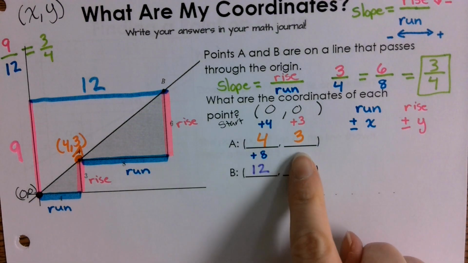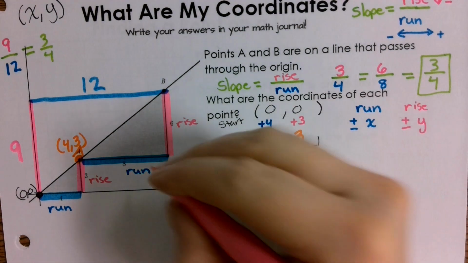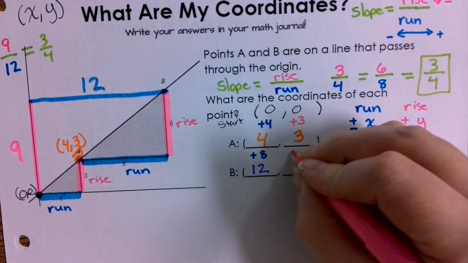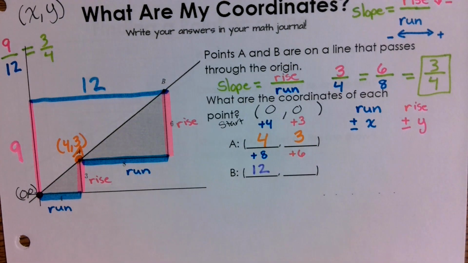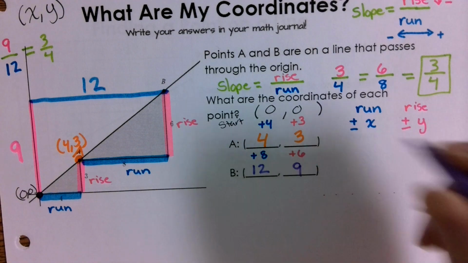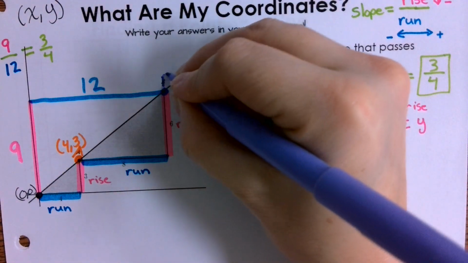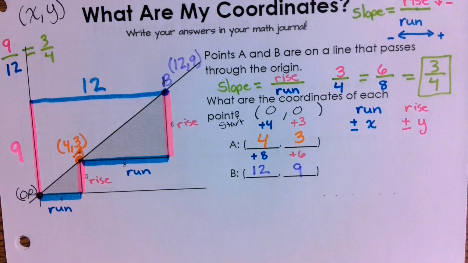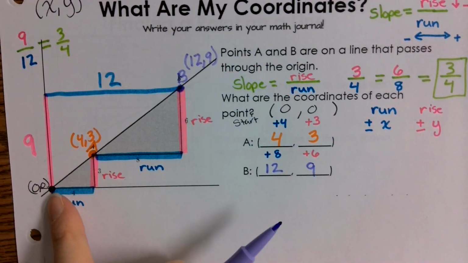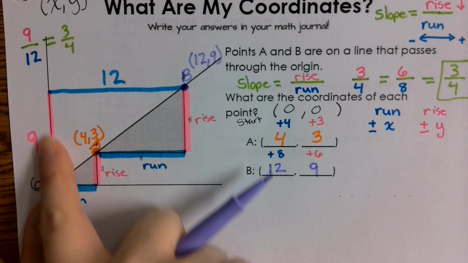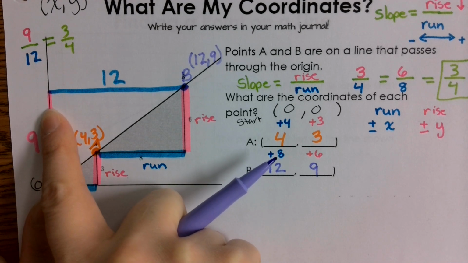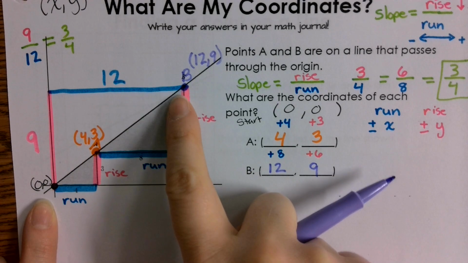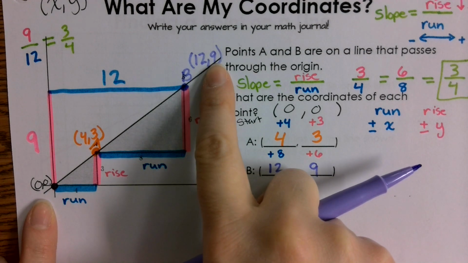Then to our y coordinate, we're going to add this rise. That rise was a 6, and that's going to give us 9. So point B happens to be at the coordinates 12, 9, which makes sense, because if we started at 0, 0, we went up 9 for our rise and to the right 12 for our run, so 12, 9.